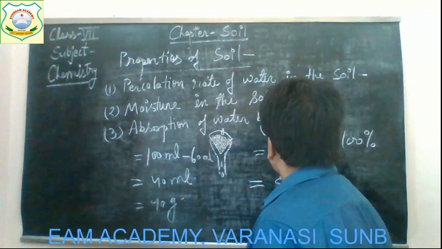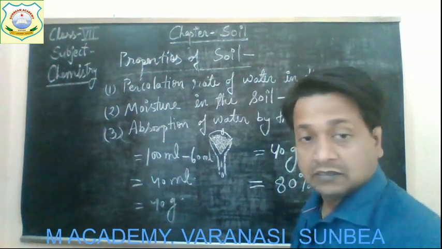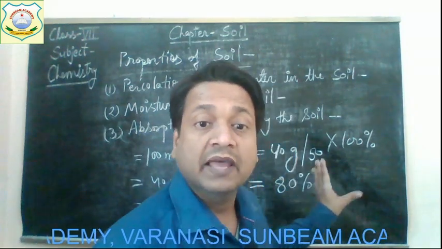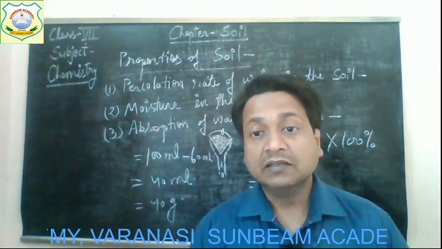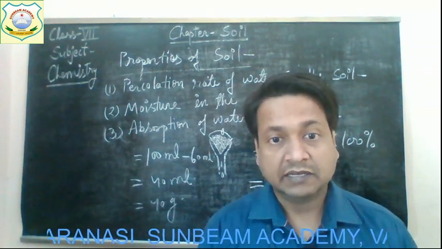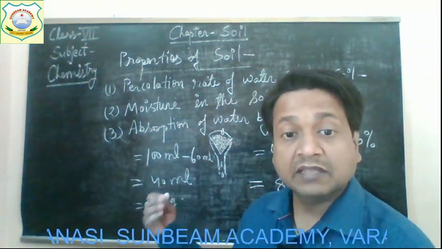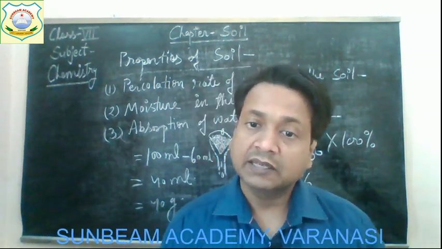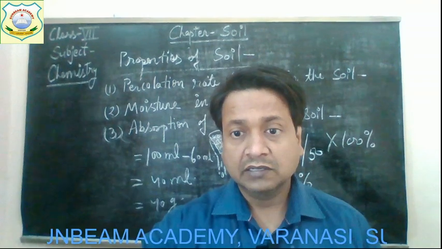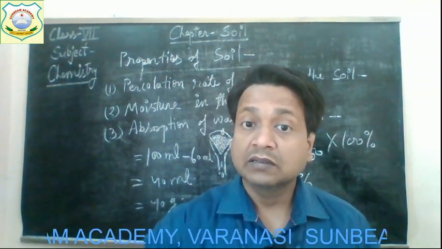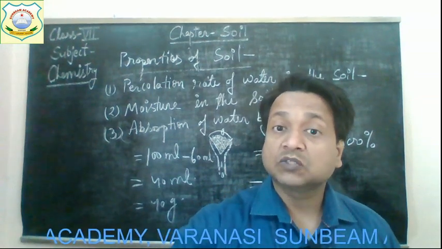So the answer will be 80%. Alright children, 80% water absorbed by the 50 grams of soil. Get it? And we will repeat the same activity with different types of soil samples. Alright? So, which soil will absorb the maximum water and which soil will absorb the least water?